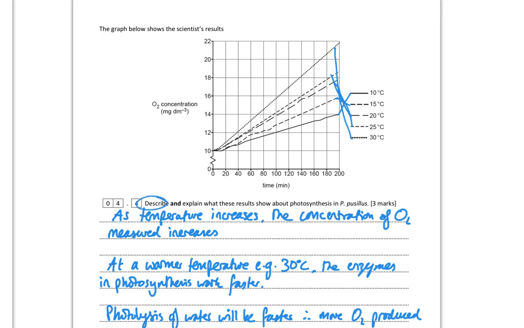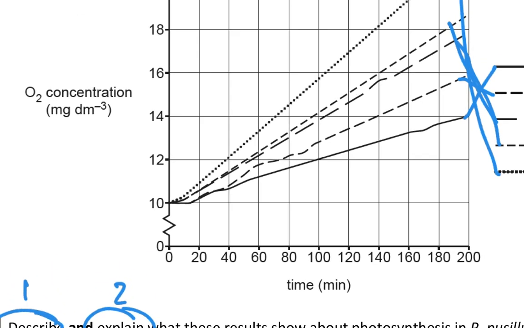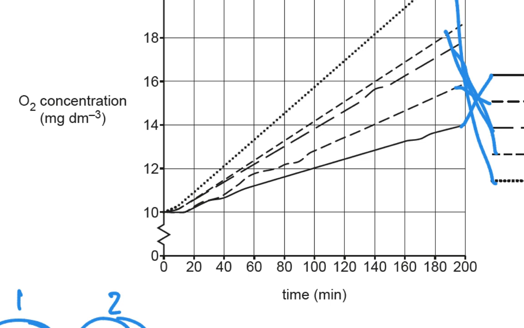It's describe and explain. It's only worth 3 marks, so it's going to be a 1-2 split. It could be a 2-2 split. If it was 4 marks, I would write about this area here. If I was zooming to the start, can you see how they're the same there and they're the same, and then they gradually disappear. There's a slight wobble here.